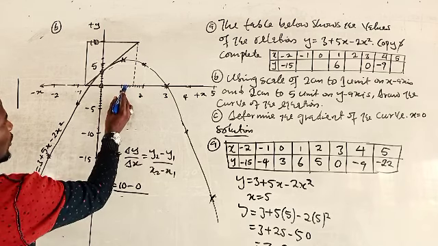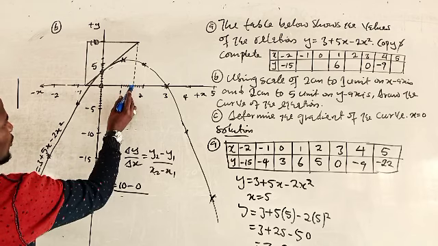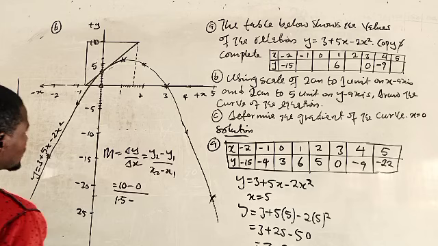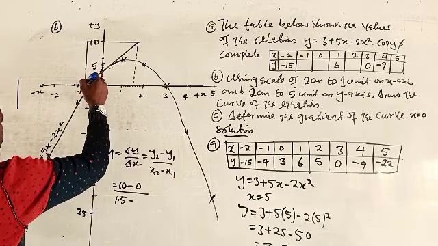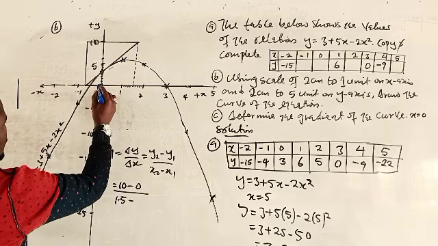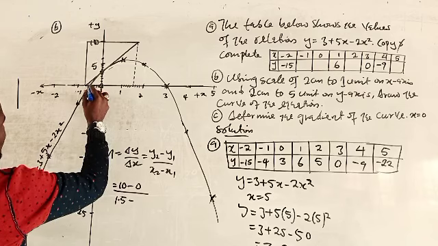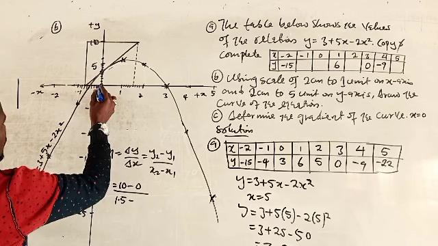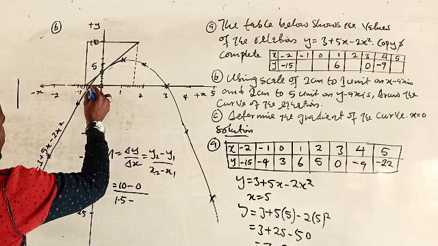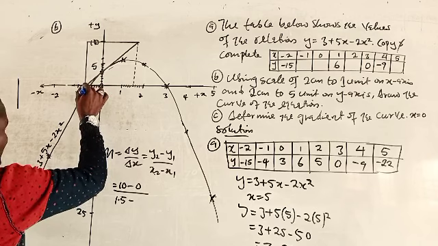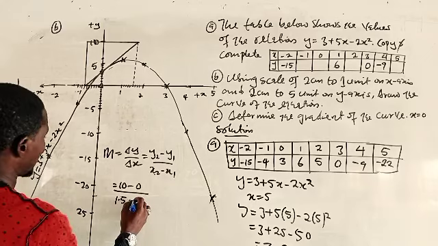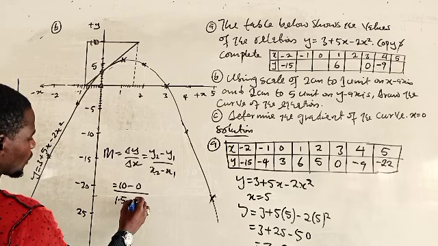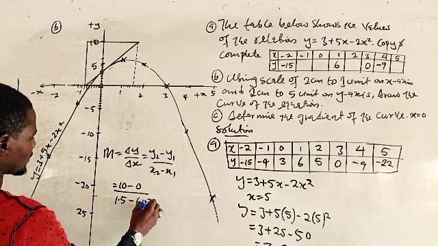So 1.1, 1.2, 1.3, 1.4, 1.5. That is my x2. This is 1.5 minus my x1, which is from here to here. If you count 1 to 10, so 0.1, 0.2, 0.3, 0.4, 0.5, 0.6, 0.7. It's going to be minus 0.7. But remember, this is minus, so it's going to be minus minus 0.7.